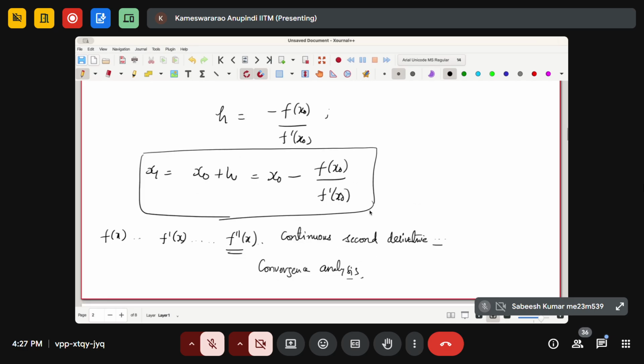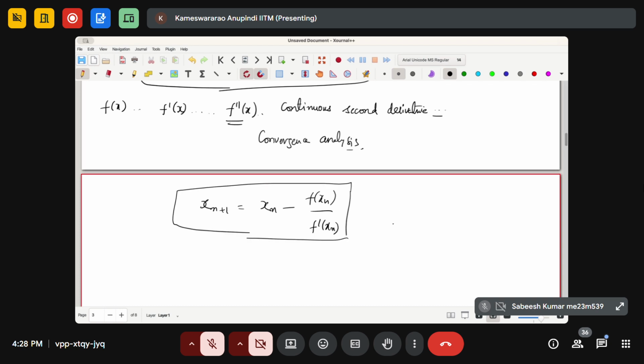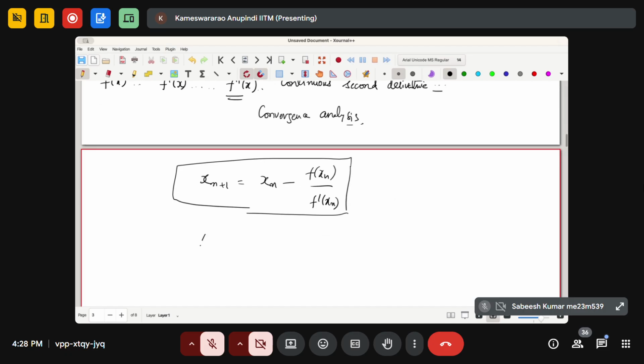That means essentially what we are saying is in the limit. In general, I can write xn plus 1 equals xn minus f of xn divided by f prime xn. That is my iterative formula for Newton's method. And in the limit of n tends to infinity, my xn is going to reach the root value.